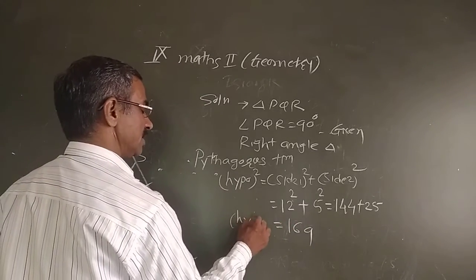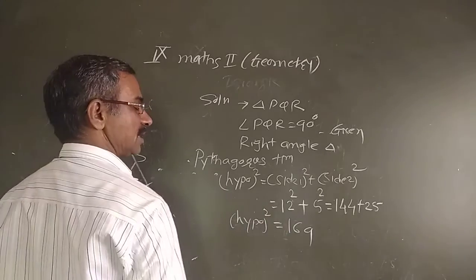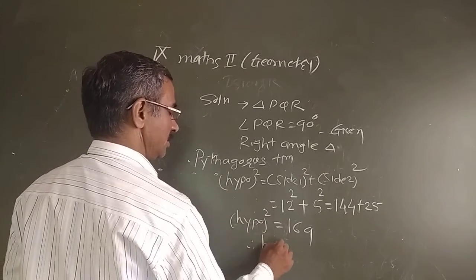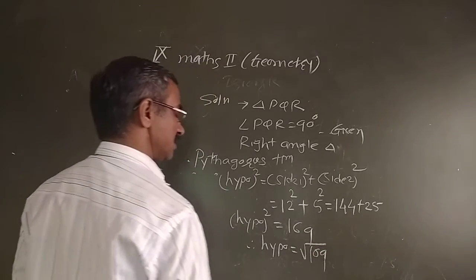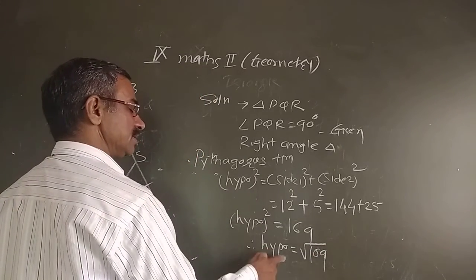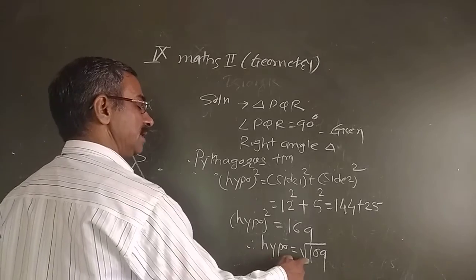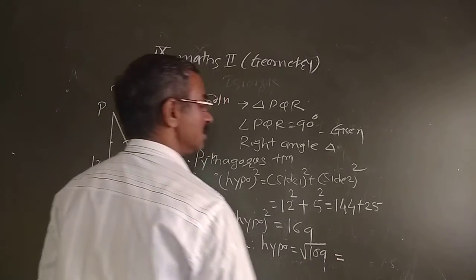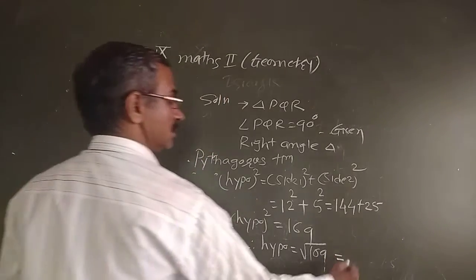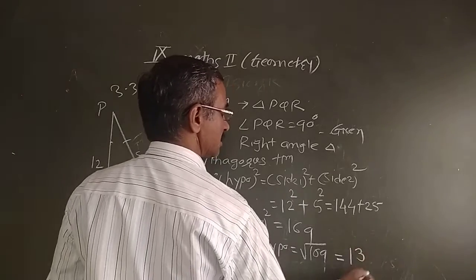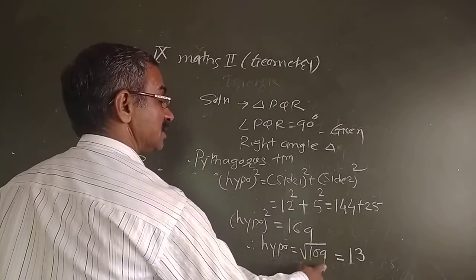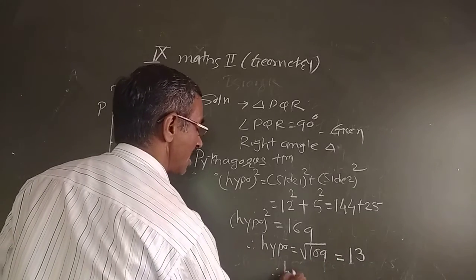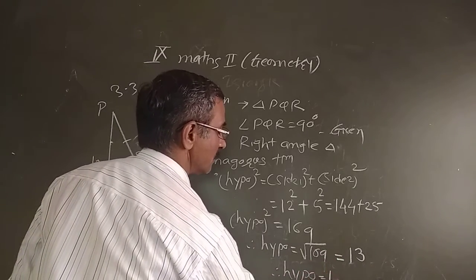So hypotenuse square is equal to 169. Therefore, we take the square root of 169, which is 13. Therefore, our hypotenuse is 13.